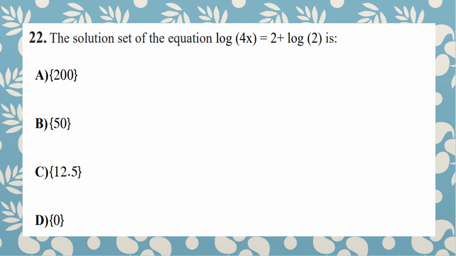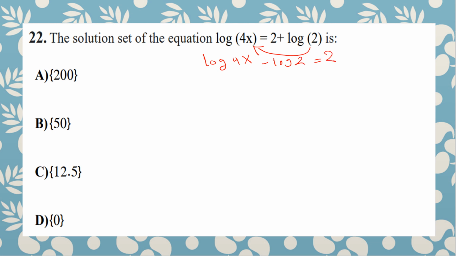Another question, the solution set of the equation log 4x equals 2 plus log 2. We should rewrite this logarithmic equation as log 4x, and by bringing this term to the other side, minus log 2 equals 2.